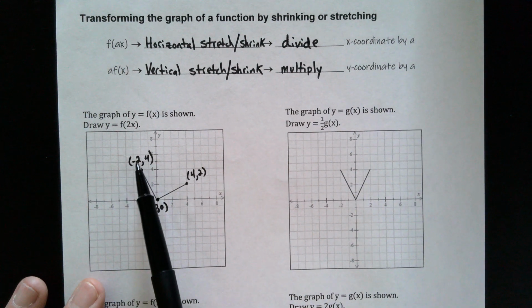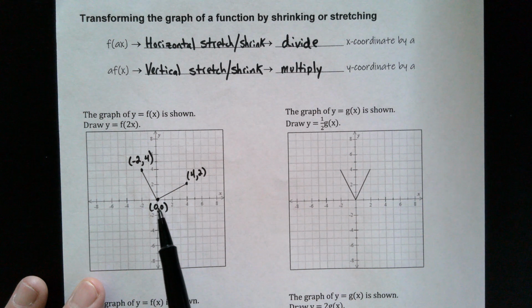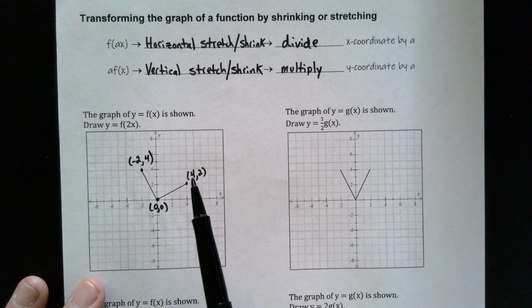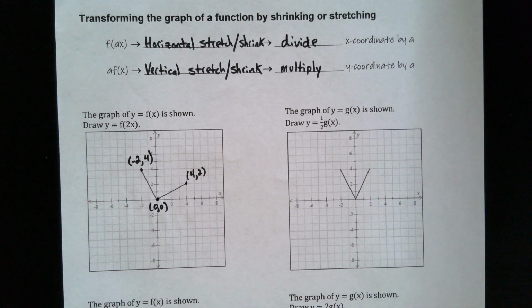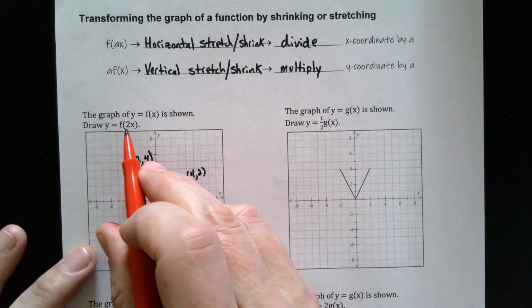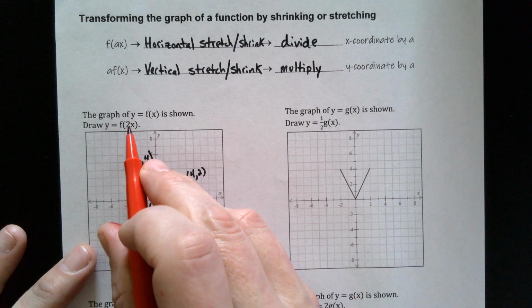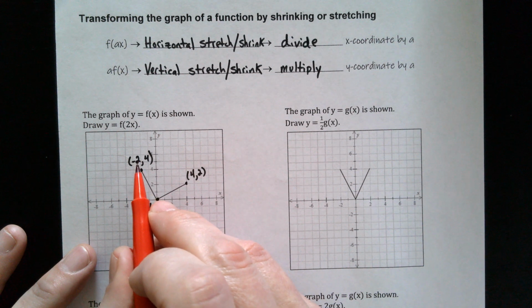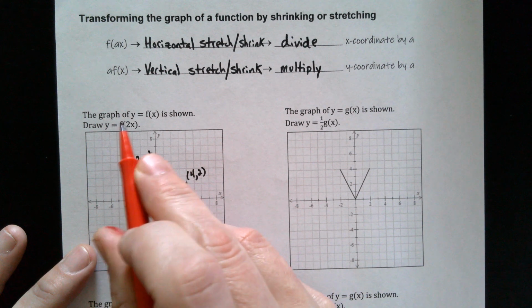the x coordinates are the -2 here, the 0 here, and the 4 here. So I'm going to divide those and get new x coordinates, but I'm going to leave the y coordinates alone. Okay, so I have this -2. The number that I'm multiplying by the x is 2. So I'll take this number right here and divide it by this number.